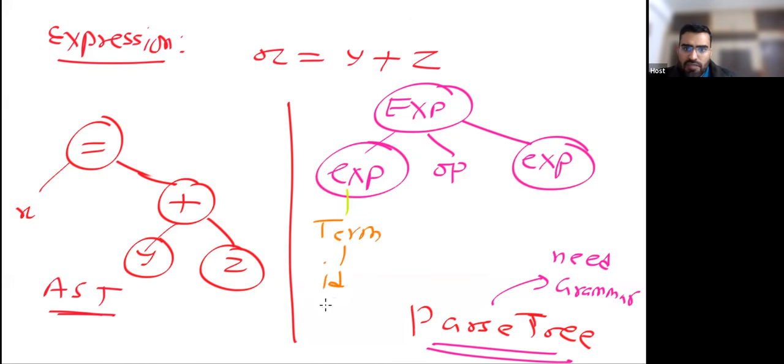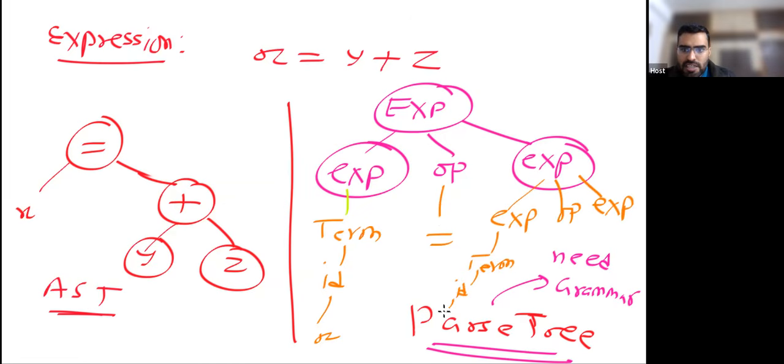Term can go to identifier. Identifier can go to x. Operator can go to equal. Expression can go to expression, operator and expression. Then again this will go to term, then to identifier, this will go to y, this will go to plus. Can you see the difference between the abstract syntax tree and the parse tree? Just tell me this point.